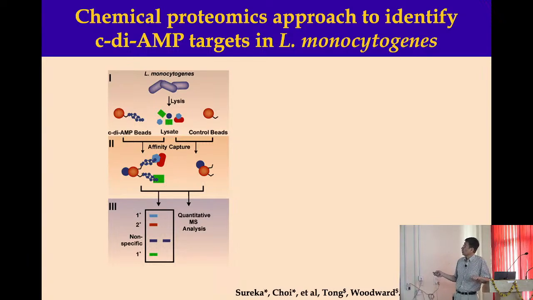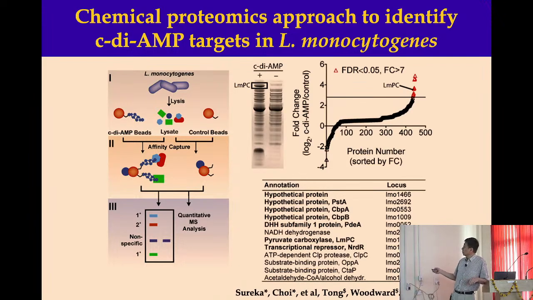Essentially, he made a column that contains cyclic di-AMP. And then he put listeria lysate onto that column, and used a free column as a control. And then after that, mass spec omics. So from this, he identified many, many targets like this.